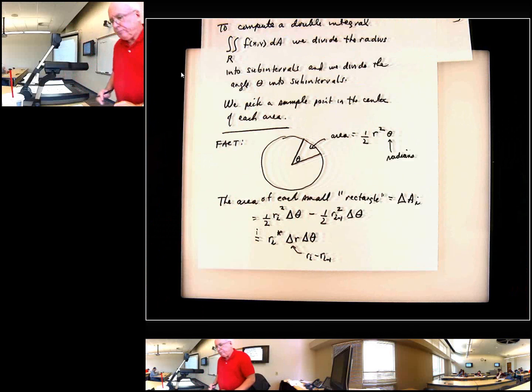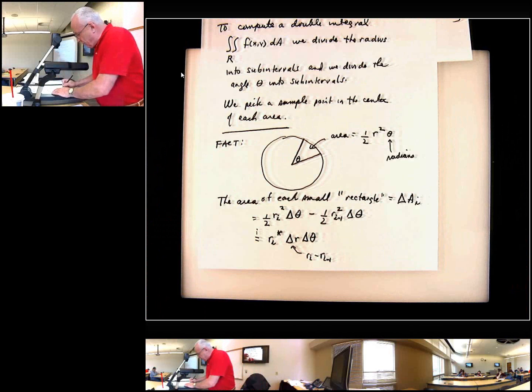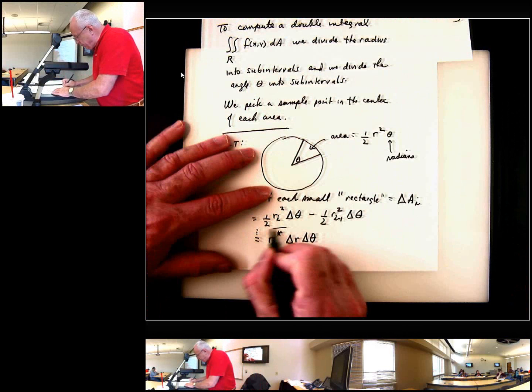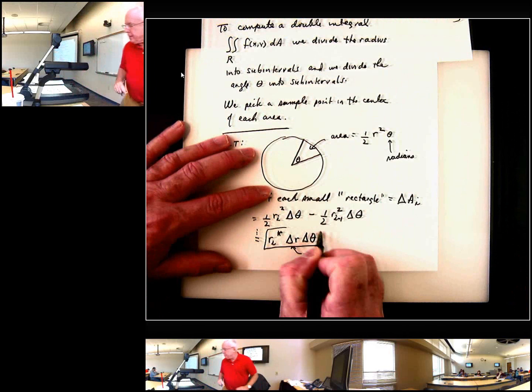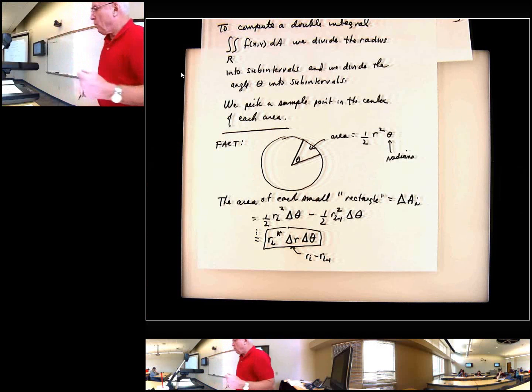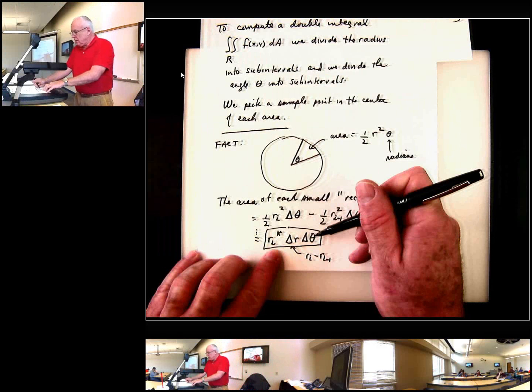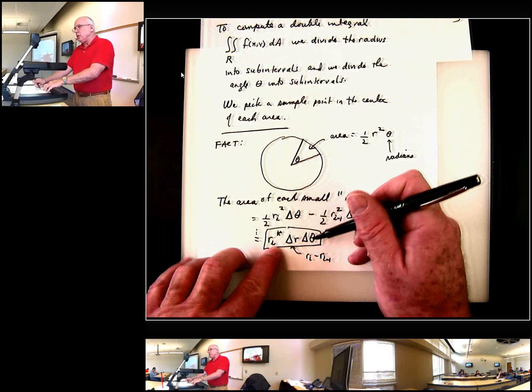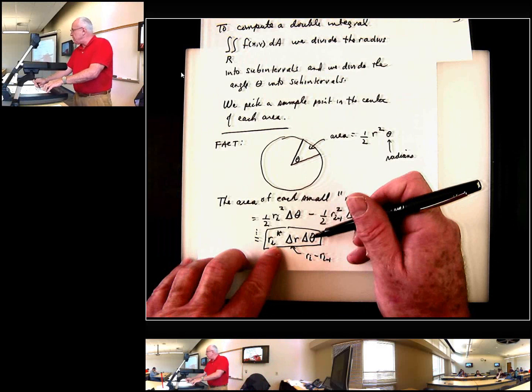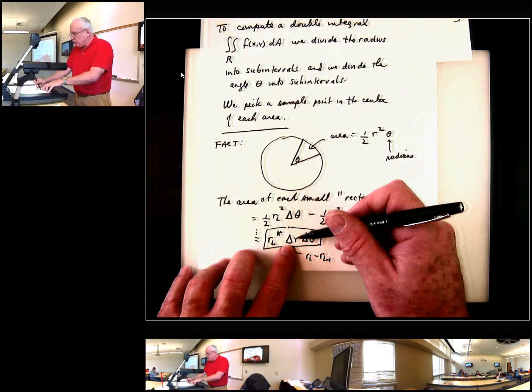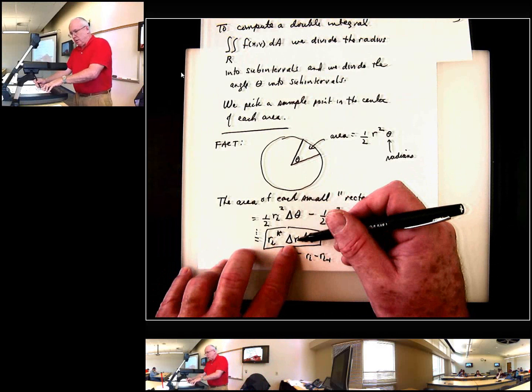Okay. So we've got this formula here. So notice the formula for the area is basically we're multiplying our angle, a little bit of angle, by the average radius that goes out to that little sector, and then we're multiplying that by the delta r.